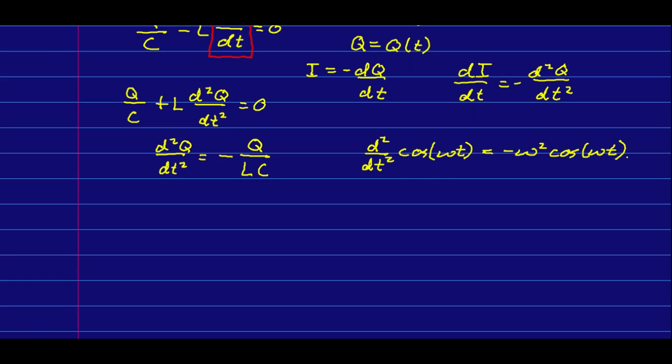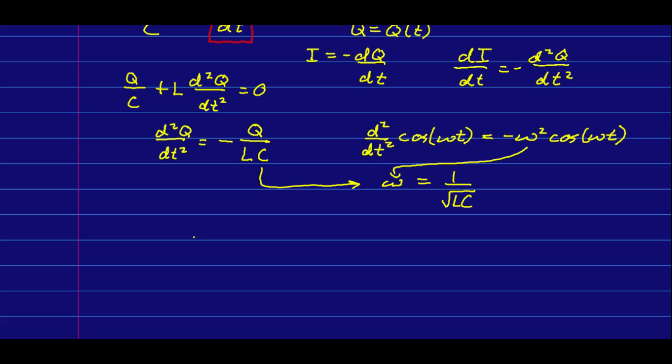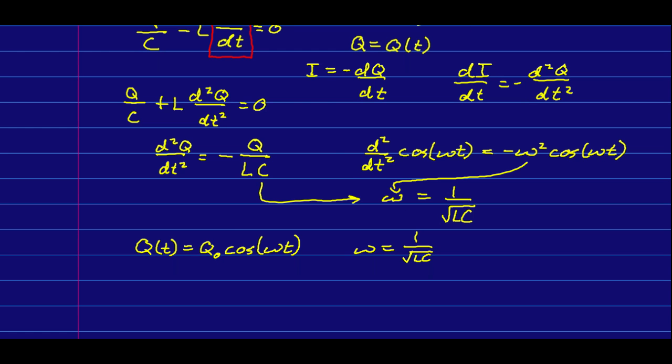And so now, looking at this, we can simply see that the angular frequency omega must be 1 over the square root of LC. And that, then, is our answer. Q as a function of t is q naught cosine of an angular frequency times t, with that angular frequency determined by the inductance and capacitance of the circuit.